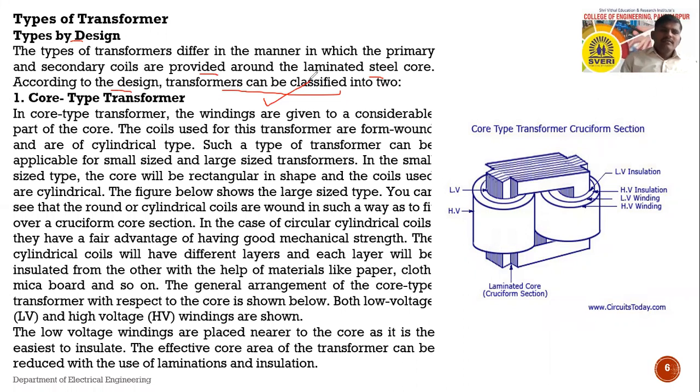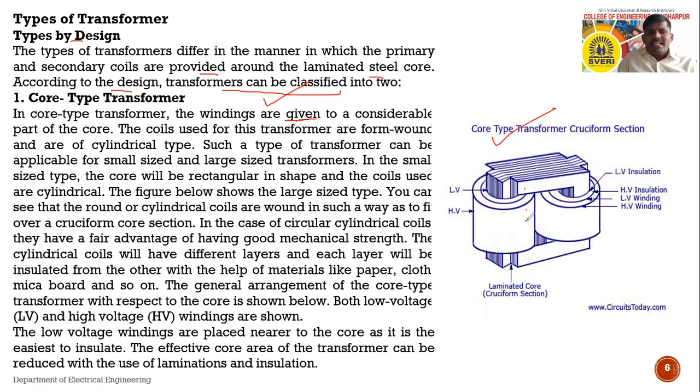See, in core type transformer, the windings are given to a considerable part of the core. This figure shows the core type transformer.